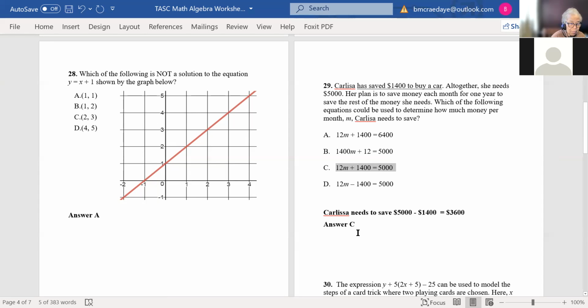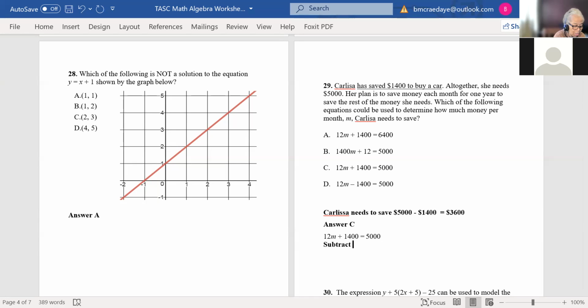All right, let's put that there. So if you subtract 1,400 from both sides of 5,000, this would give you 12M minus 1,400, and this would be 5,000 minus 1,400.